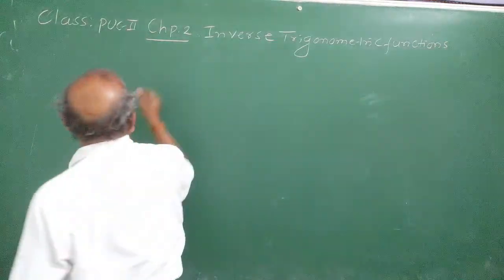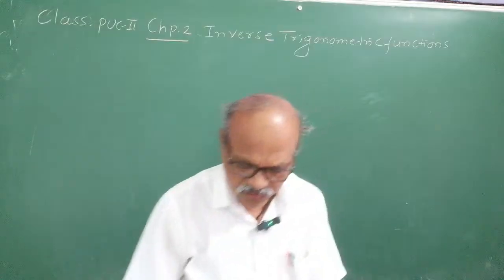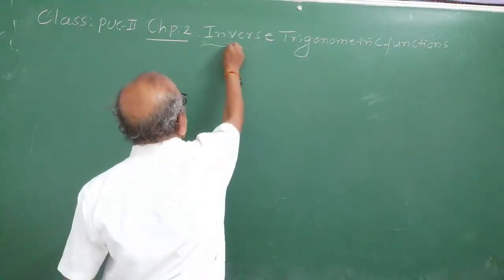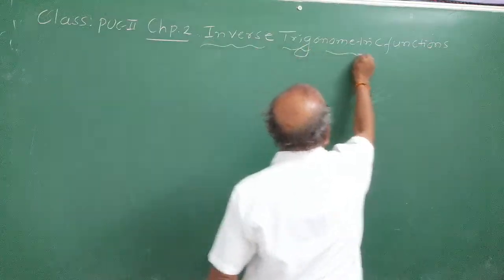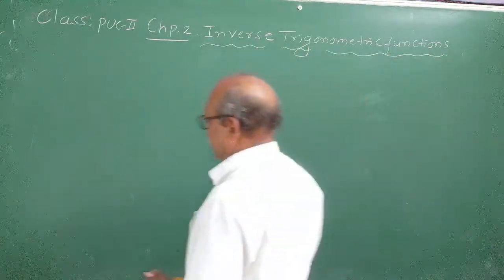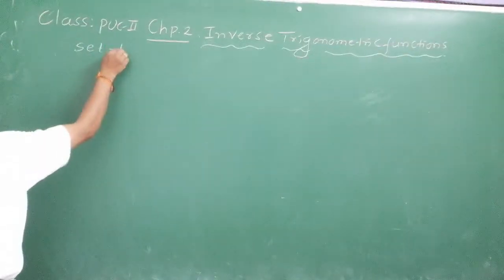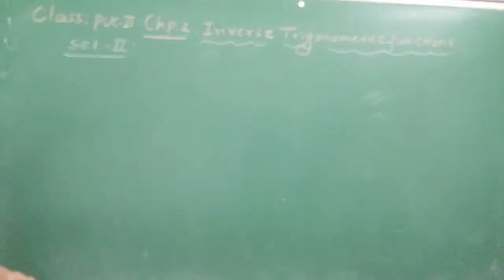I think you understood in the previous class what the principal value is and how to solve problems on principal values. We studied the first set. Let us continue with the second set of properties of inverse trigonometric functions.